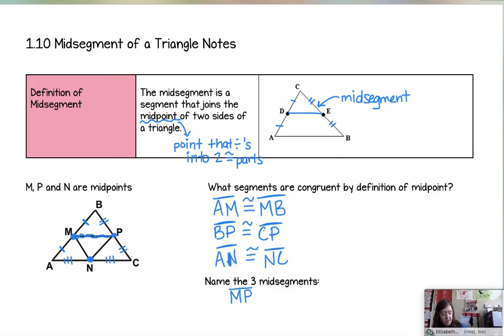There's another one. Connecting our midpoints M and N, there's another one, MN. There's another mid-segment. Where's my last mid-segment? There's one more. Good, yeah, from P to N, connecting our midpoints. So PN is another mid-segment. Beautiful, or NP. NP would be fine too.